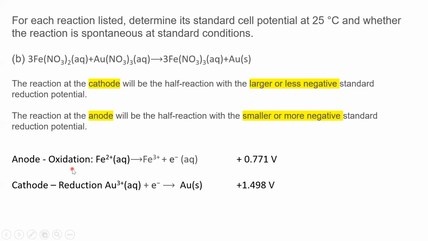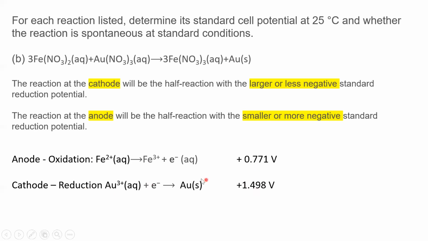This is what we get when we look on the table. The iron is being oxidized. That's what's taking place at the anode. The table tells us 0.771. The gold is being reduced. The table tells us that's a 1.498.